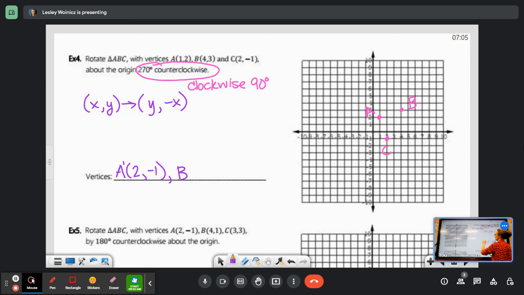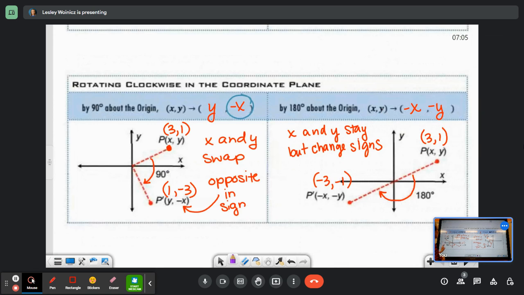And then B prime, I write the 3 first and make the 4 negative. Okay, C prime, I write the -1 first and make the 2 negative. Before we go any further, let's just make sure I did that right. Clockwise. Yes, yes.